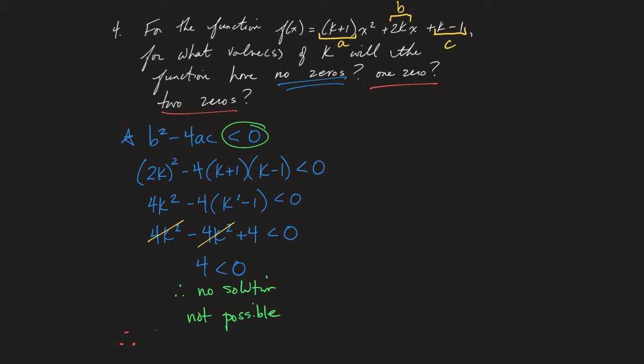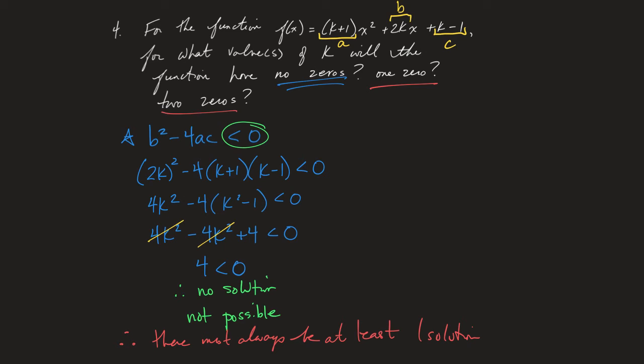So therefore, there must always be at least one solution. So that's what I can draw my conclusion from that blue solution. I was trying for no zeros, can never happen, so I know that there has to at least be one solution. Could be two, but at least one.